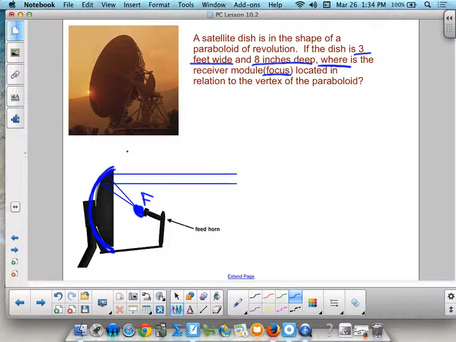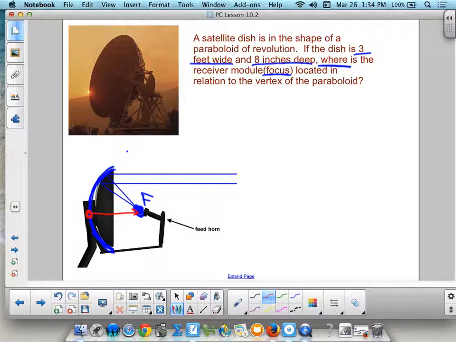Here's your big F, for focus. But it did say, where is the focus located in relation to the vertex? Now the vertex is back here. How far that way is the focus? 5 inches, 7 inches, 12 inches, what? That's your job.